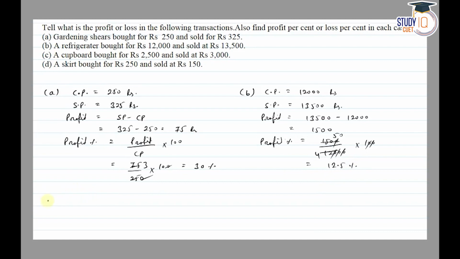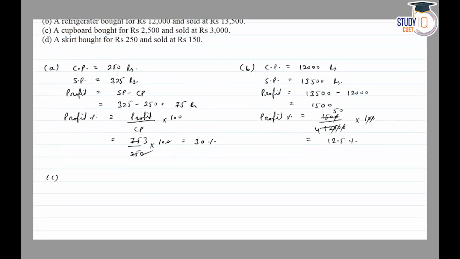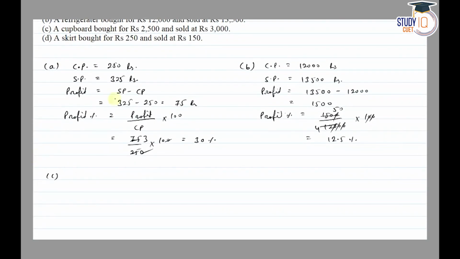Next, part C is a cupboard bought for rupees 2,500.